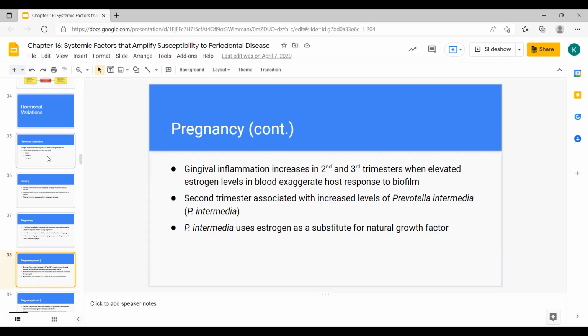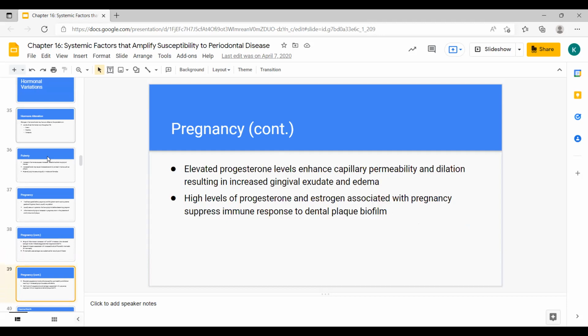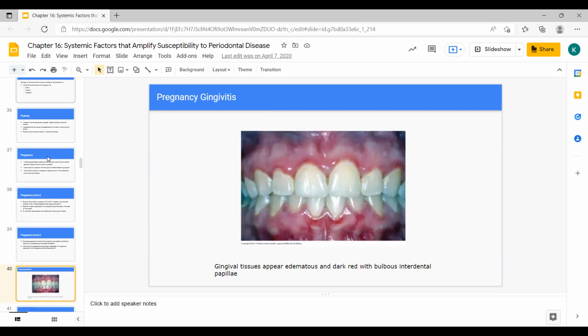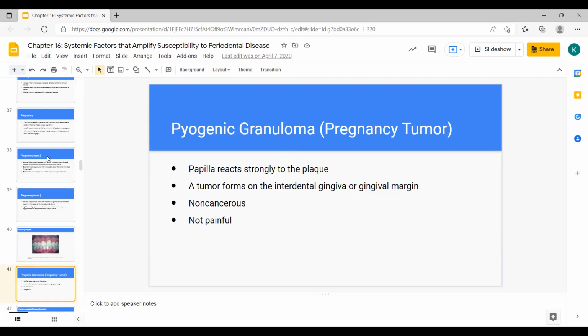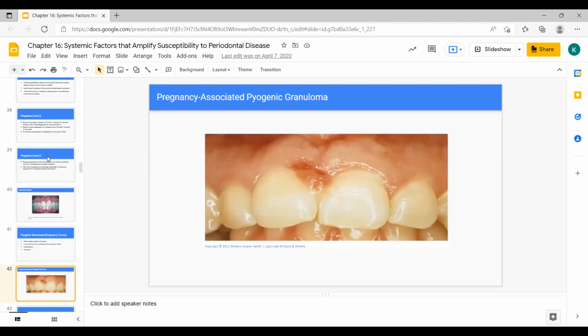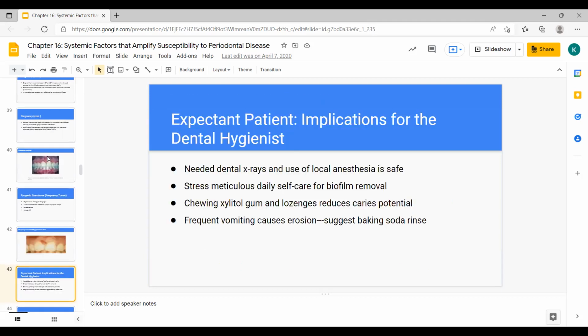So P. intermedia uses estrogen as a substitute for natural growth factor. Okay. And elevated progesterone levels enhance the capillary permeability and dilation, resulting in increased gingival exudate and edema. High levels of progesterone and estrogen associated with pregnancy suppress the immune response to dental plaque biofilm. So this is pretty common. Pregnancy gingivitis, okay. Pyogenic granuloma, we've talked about these a lot, the mushroom shaped, okay.